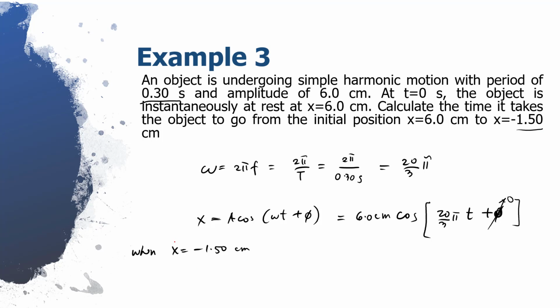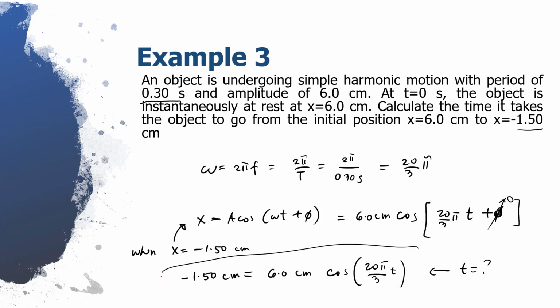If we substitute this one here, we have negative 1.5 centimeters equal to 6.0 centimeters cosine of 20 pi over 3 times t.